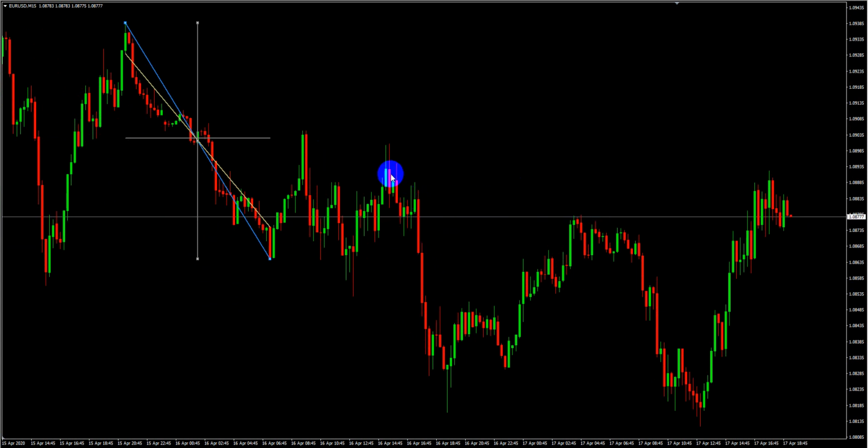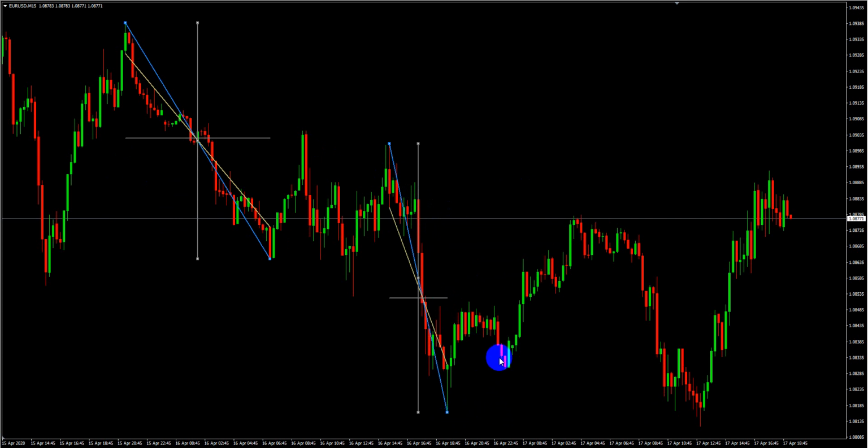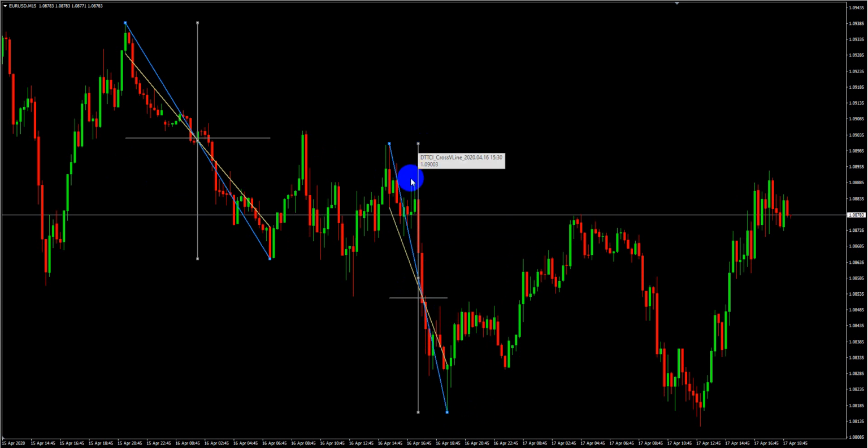Because we can find another example right here, and we can drag it over here and see what happens. Yeah, and you see that this line, this vertical line, cross V line, has been plotted somewhere in the middle of this cross price, but it's not exactly on the cross price.